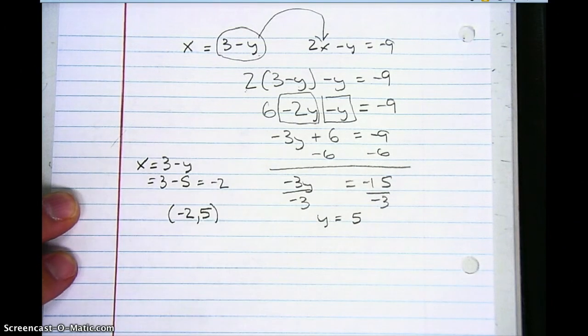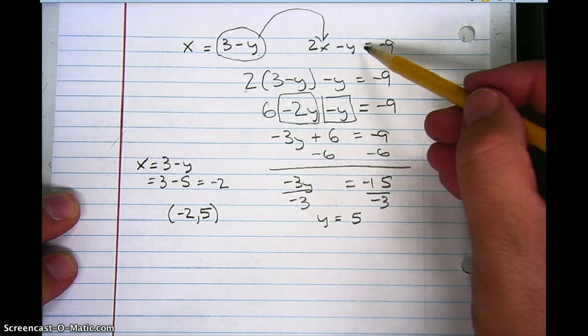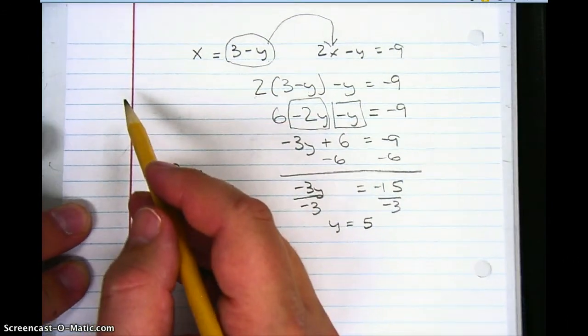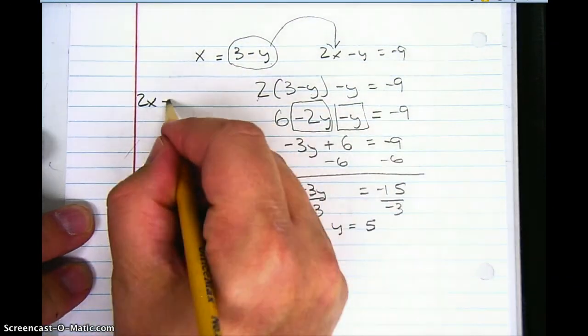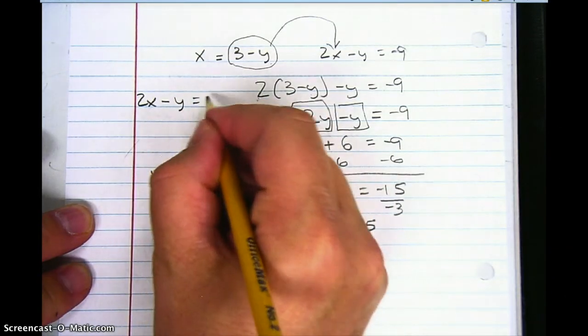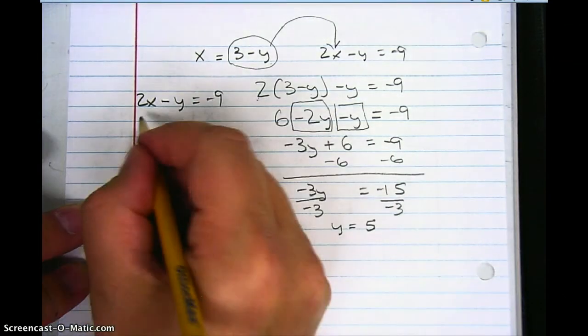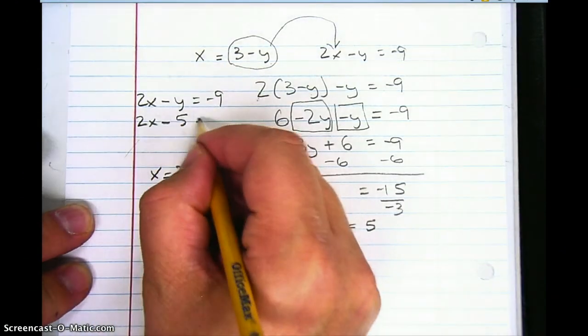Now to make sure I did that right, let's put 5 into that other equation also. So I'm going to do that right up here. I have 2x minus y is equal to negative 9. And then I'll have 2x minus 5 is equal to negative 9.